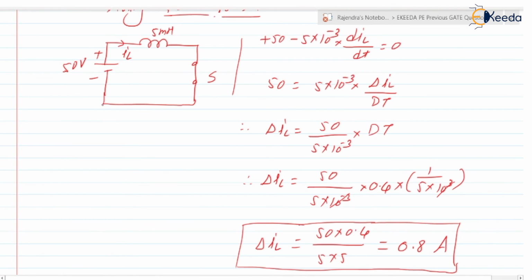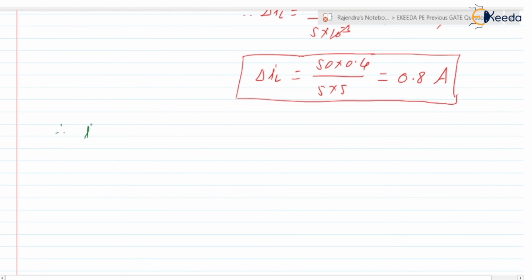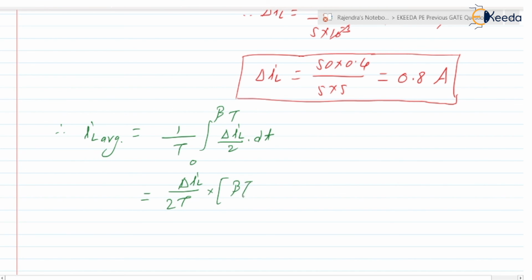So IL average is equal to 1 by T integration from 0 to beta T of delta IL by 2 into dt. Let us take delta IL by 2 outside. So delta IL by 2T into beta T, and T will get cancelled.